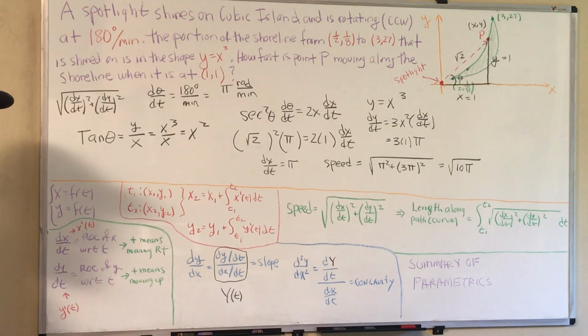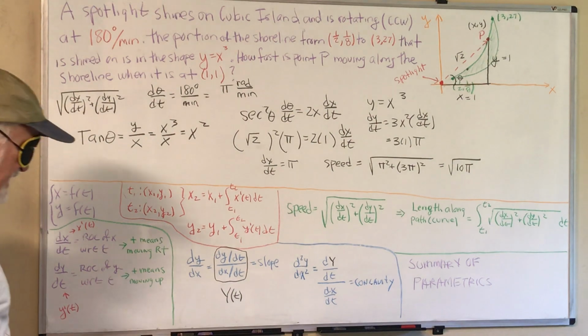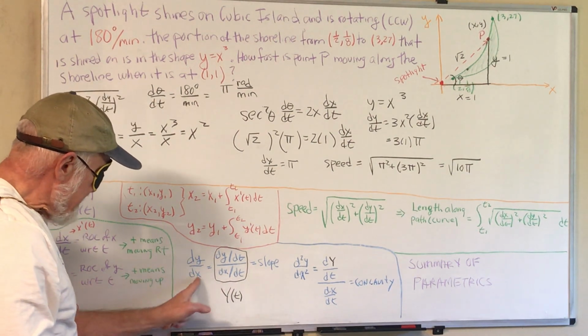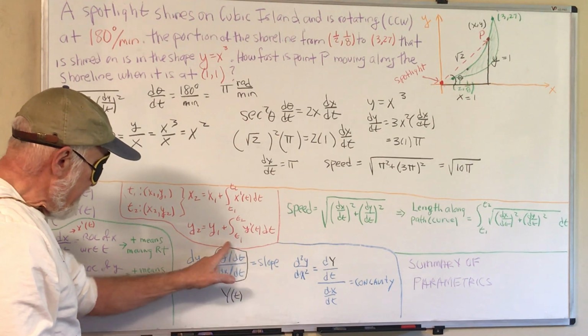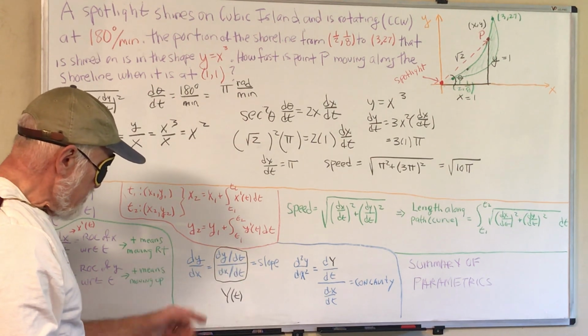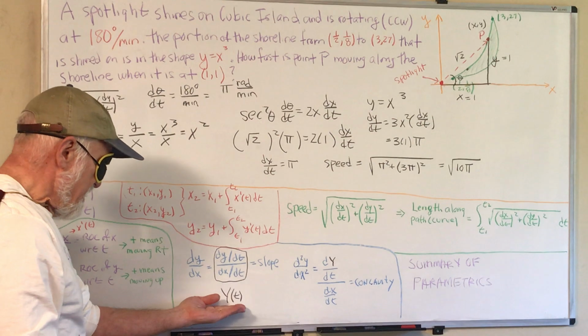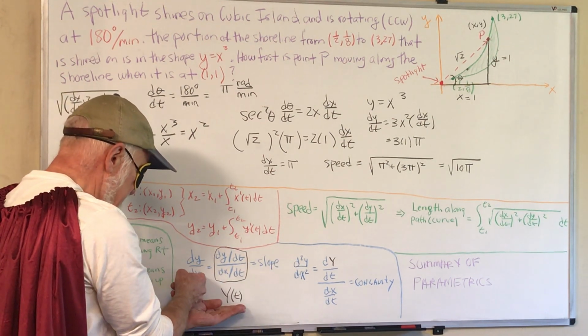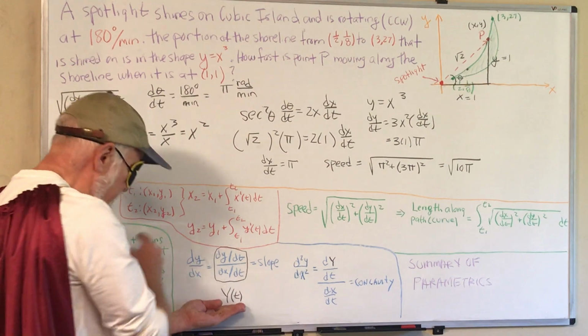Now what's a little bit harder is to get the concavity. But we have to realize once you take dy dx, you're going to get another function here, which is a function of t. So if you want to take the second derivative, take the derivative of dy dx.